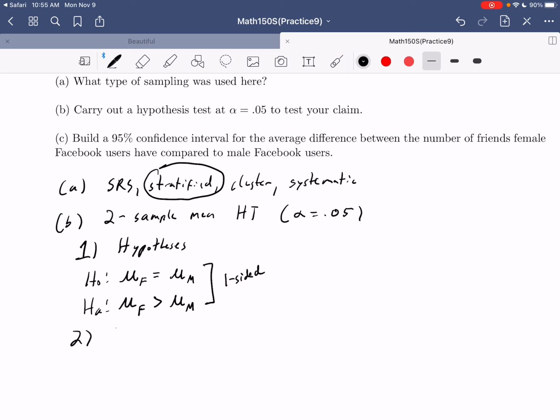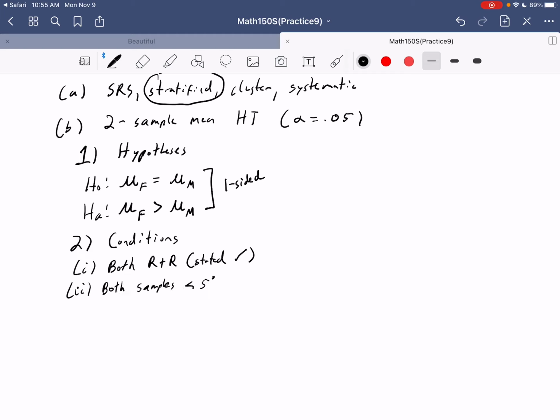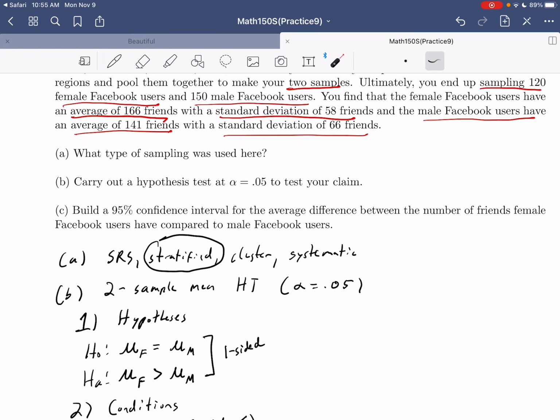All right, let's go ahead and check the conditions. Remember that when you have a two-sample procedure, you have to check the conditions for each sample. So the first one, they both need to be random and representative. Of course, it was stratified and randomness was stated in there, so that's stated. Both samples need to be less than 5% of the population size. Now, we have some sample size information.